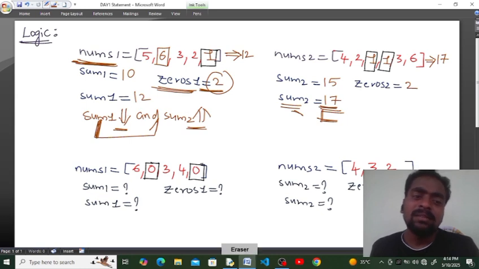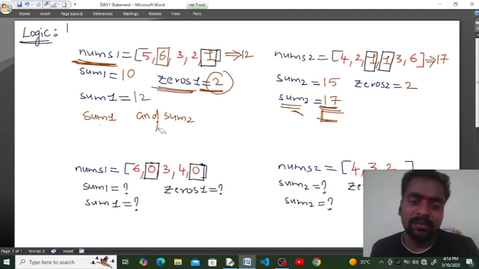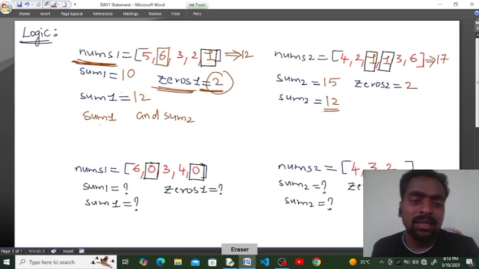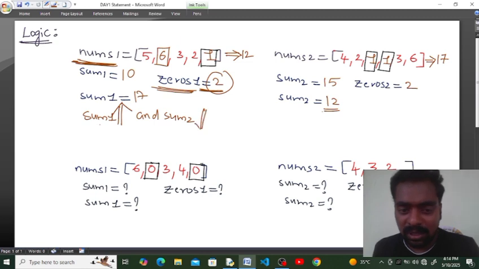Right? Vice versa is also true. For example, sum2 is smaller. Here sum2 we got, let us take 12. Here sum1, let us take 17. Okay, for this example sum1 is not 17, but I'm taking it for example. Here, if you observe carefully, sum1 is larger, sum2 is smaller.